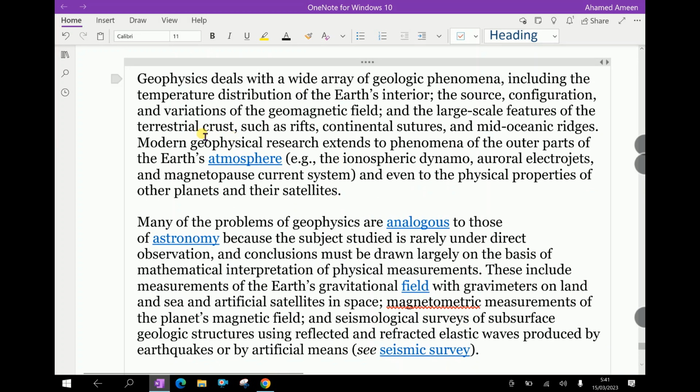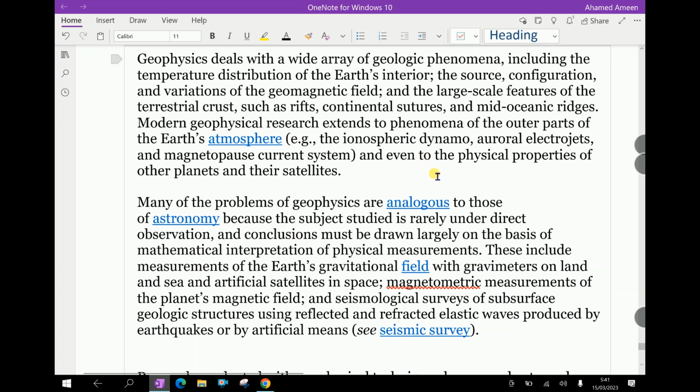In further detail, geophysics deals with a wide array of geological phenomena, including the temperature distribution of the Earth's interior, the source configuration and variation of the geomagnetic field, and the large-scale features of the terrestrial crust such as rifts, continental sutures, and mid-oceanic ridges.